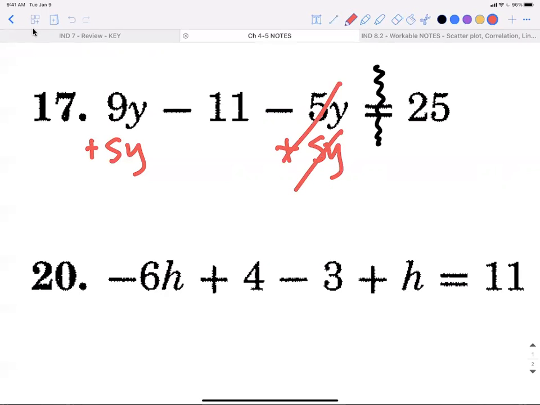But you cannot do that because you have done 2 +5y's on one side of the scale. Yes, you're getting your y's together, but you're doing it by a math foul: you're doing 2 operations on one side of the scale and nothing on the other. So you have now tipped your scale and you've changed the value of your equation, okay?